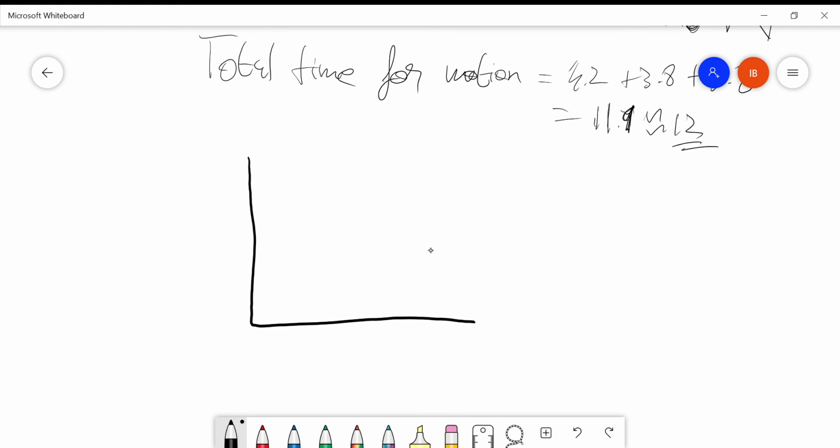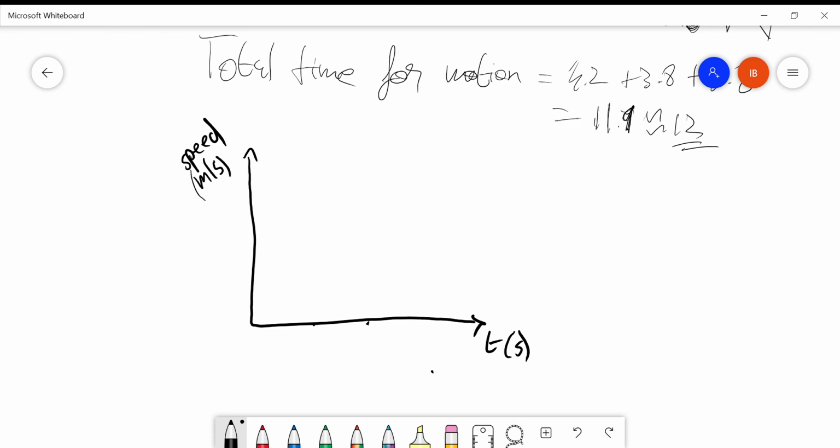Here, this will be time in second, this will be speed, this will be meter per second.